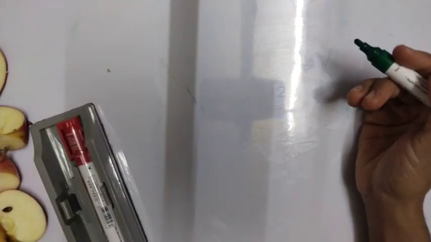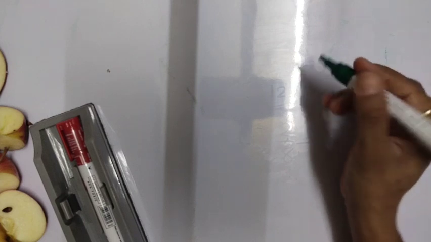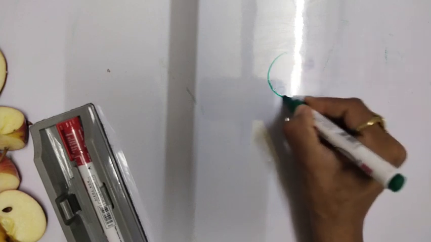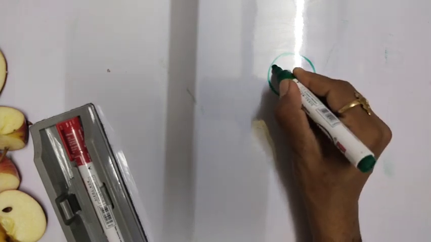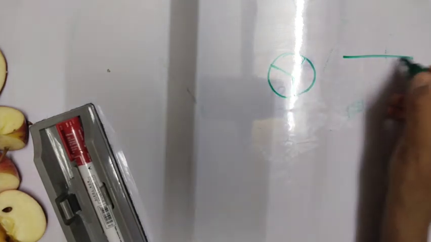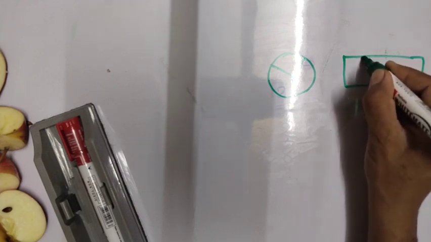Now we are going to write fractions for pictures. Here some fractions are represented pictorially, and we are going to write them as fractions.